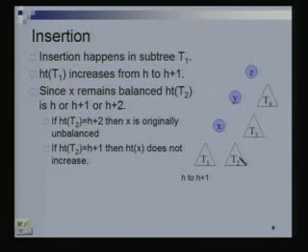Because this is H plus 1, then what was the height of X to begin with? H plus 2. If the height of this increased from H to H plus 1, even then its height remains at H plus 2.